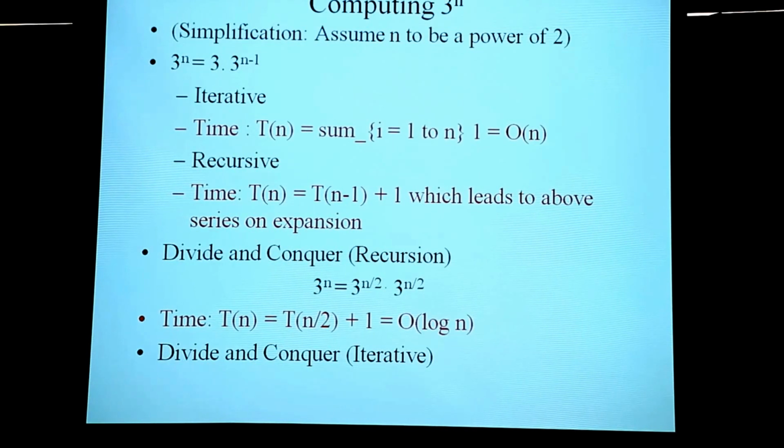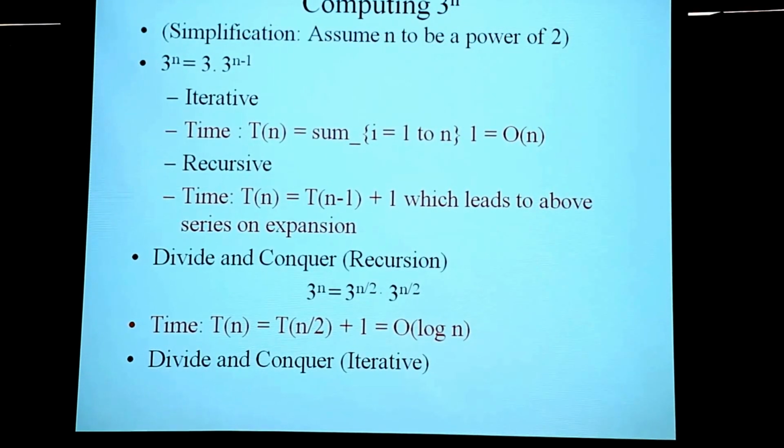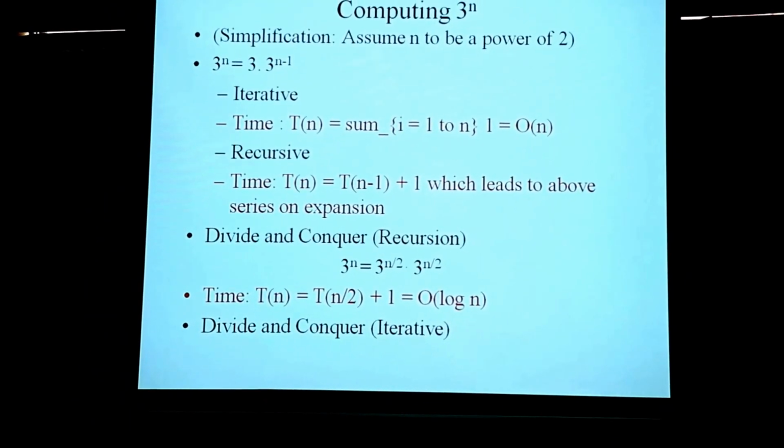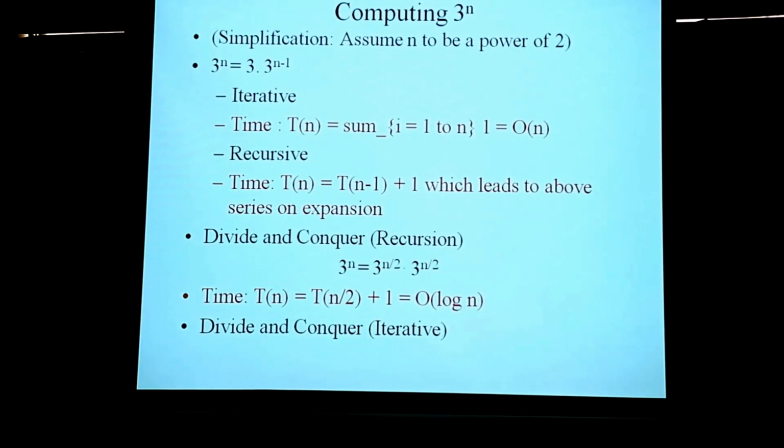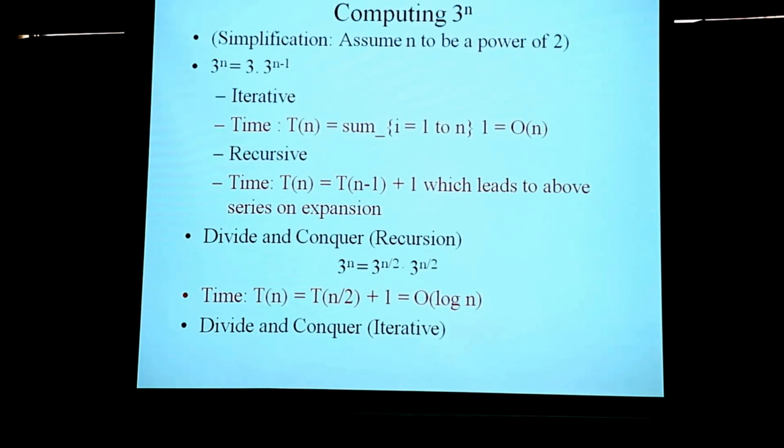You should not use it to implement 3 raised to the power n minus 1. There you are not gaining anything by writing a recursive algorithm. Iterative is as simple as recursive. Recursive might even be more difficult there in the first case.